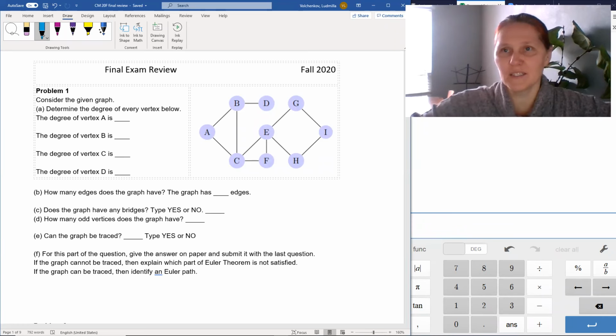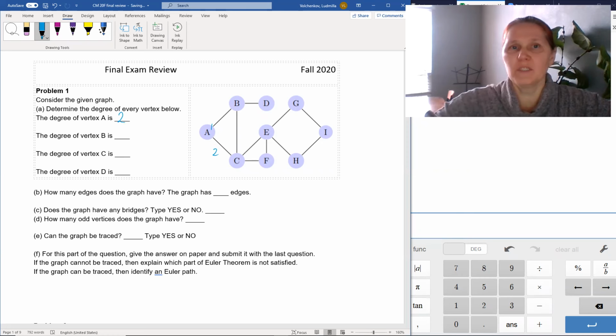The degree is the number of edges or lines that end up at A. So you have here 1 and 2. 2 lines, so the degree is 2. The degree of the vertex B is here. There are 1, 2, 3 lines, so the degree of B is 3.